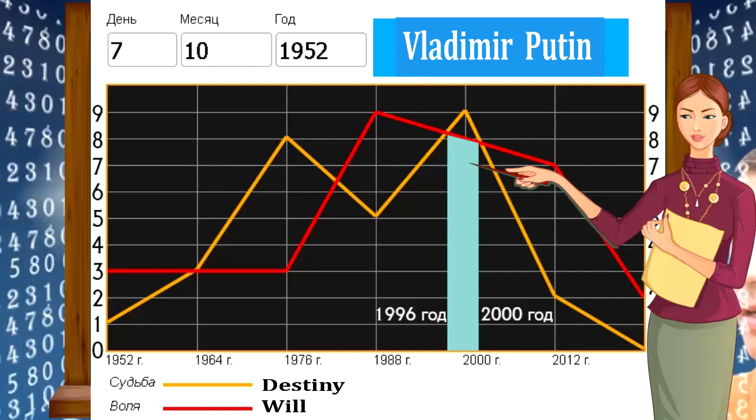On March 26, 2000, Putin was elected President of Russia. It was during this, the most important period in Vladimir Putin's biography, that the line of fate exceeded the line of will. It means that his high appointment to the post of President of Russia was predetermined by fate.